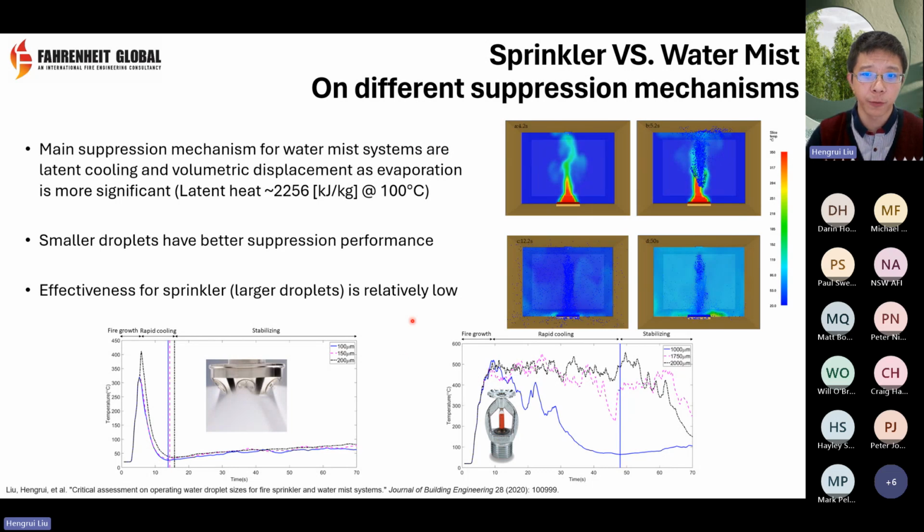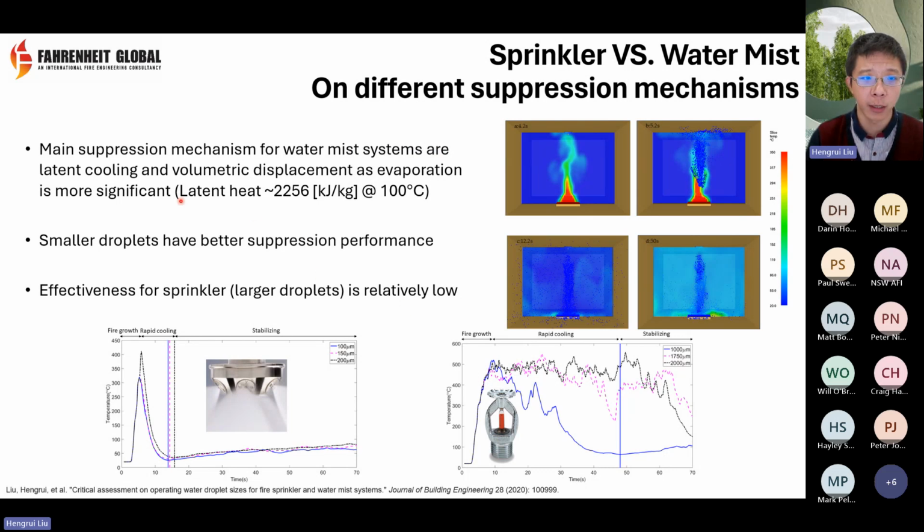So that's why we believe there must be a significant difference between the fire suppression mechanisms. What we find is that the main fire suppression mechanism for the sprinkler system is direct heat removal, but for the water mist system it is evaporation and volumetric displacement, as well as the latent heat removal during evaporation.